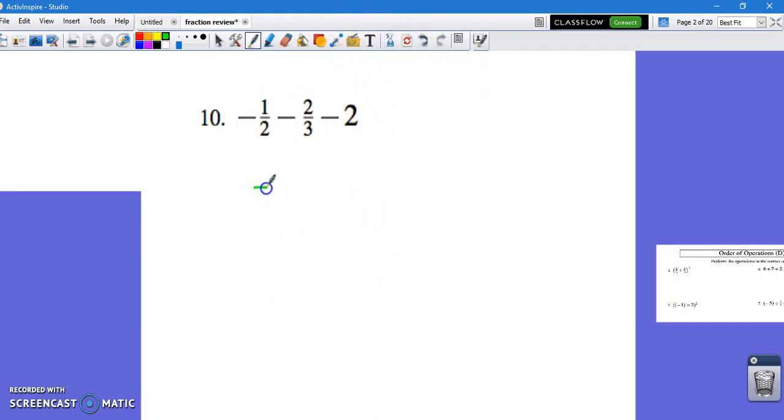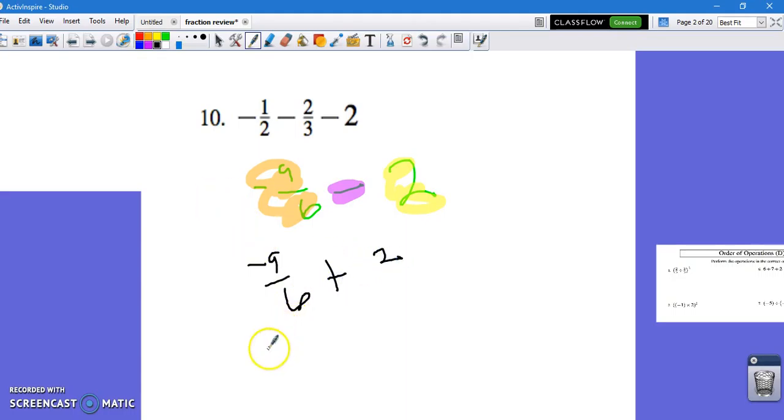And then I'm going to do this too. Negative 9 over 6. See that? Minus 2. But remember, let's not forget, you have a negative minus a positive. And when we subtract, we have to follow those 3 rules again. Change the sign to addition. Change the sign of the second number.